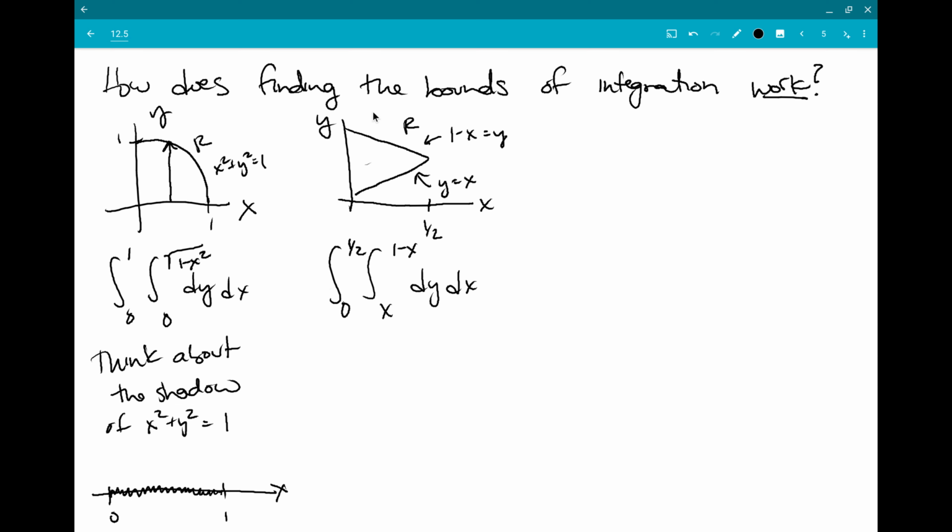And again, we're going to think about the shadow of both these lines, y equals x and y equals 1 minus x.